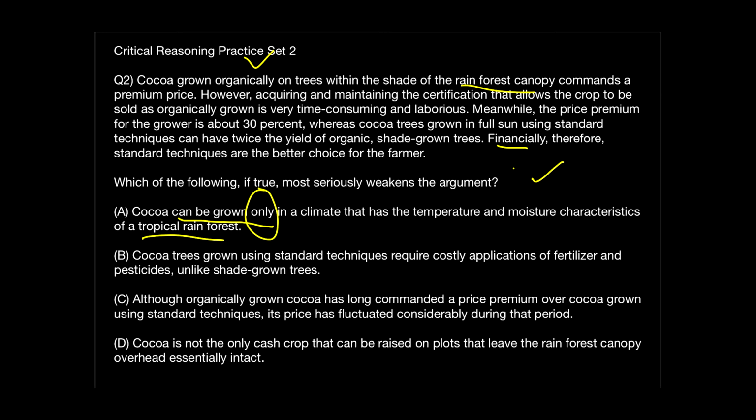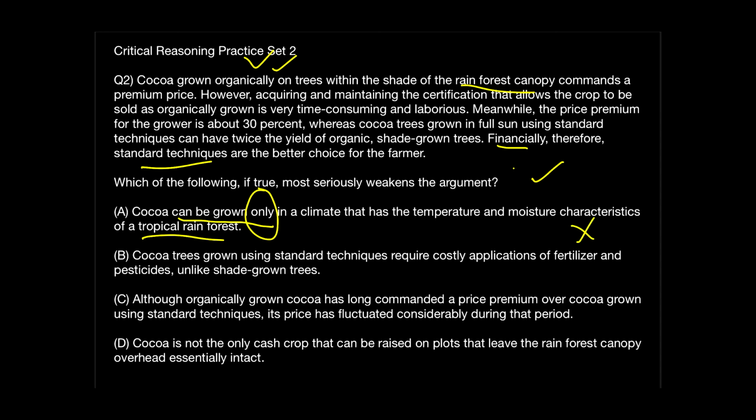Of course, if it had been stressfully mentioned in the passage that the cocoa tree can be grown only organically, then this statement would have been true. But the passage mentions that cocoa can be grown organically and also by standard techniques. So when it can grow in both ways, why will we use "only"? That's why A is not my correct answer.